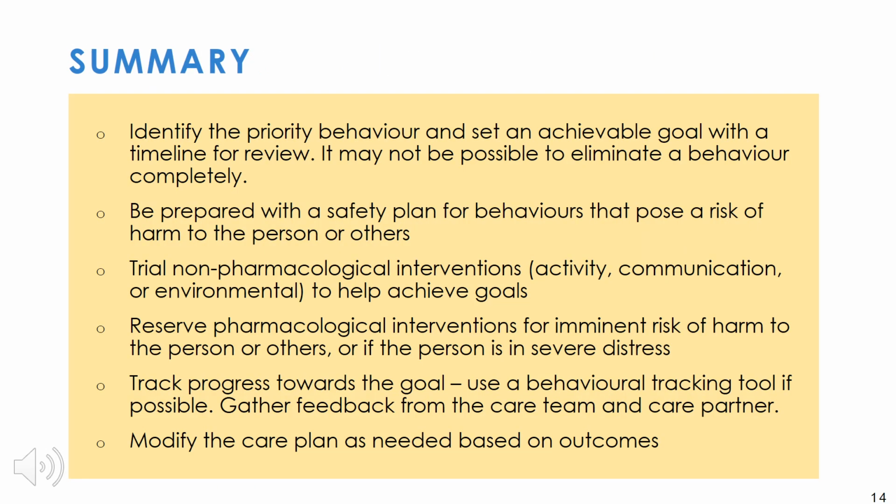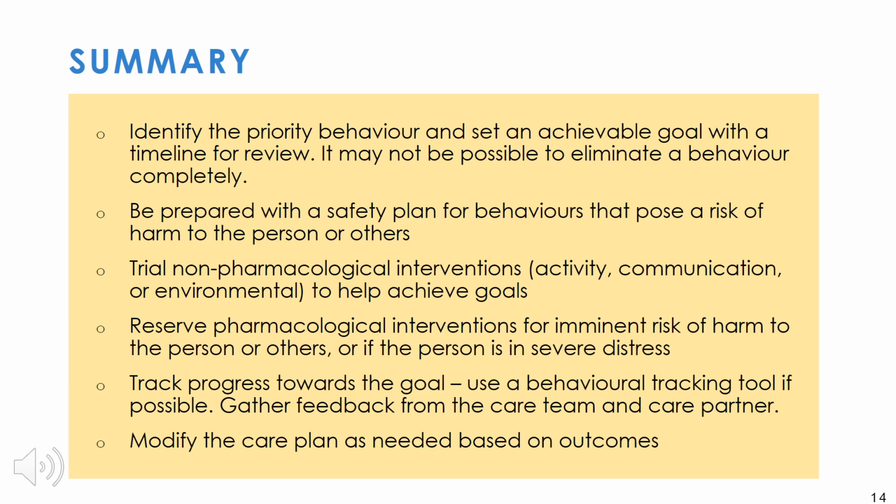In this module, we learned about identifying a priority behavior and setting an achievable goal with a timeline for review, with an understanding that it may not be possible to eliminate a behavior completely. Being prepared with a safety plan for behaviors that pose a risk of harm to the person or others. Trialing non-pharmacological interventions, activity, communication, or environmental, to help achieve goals.